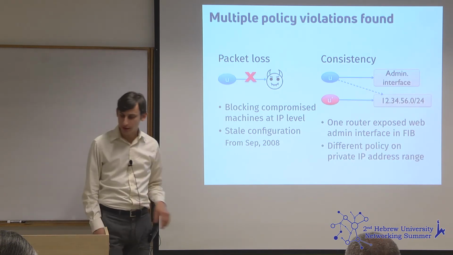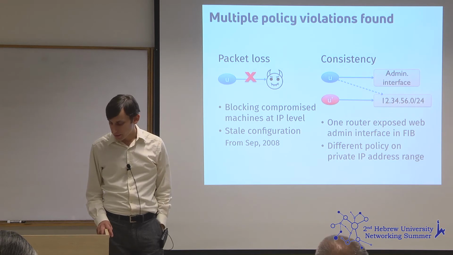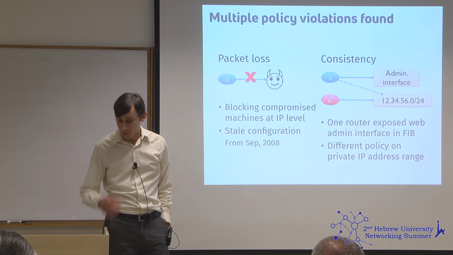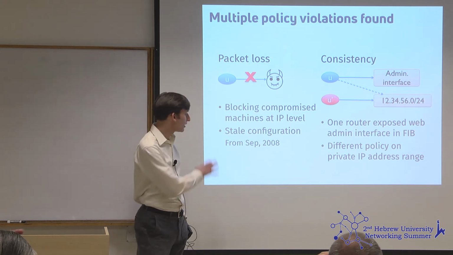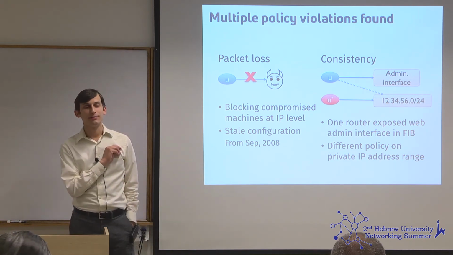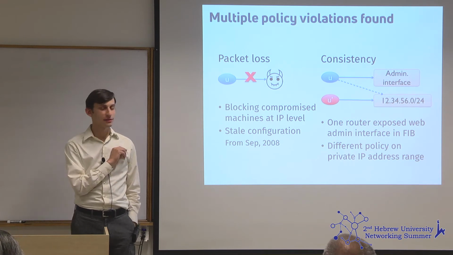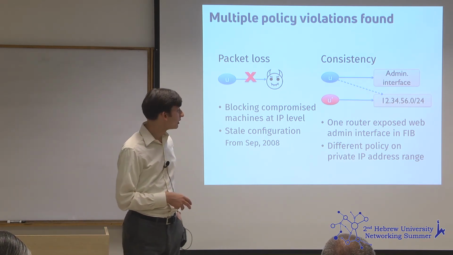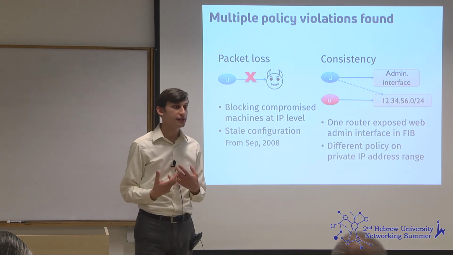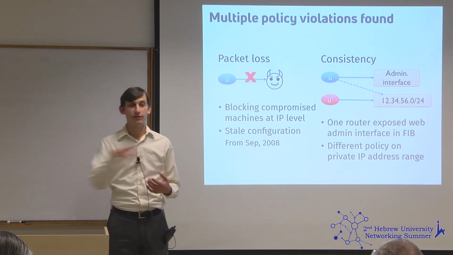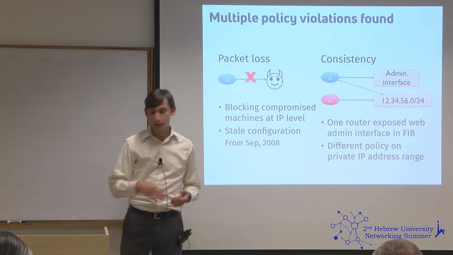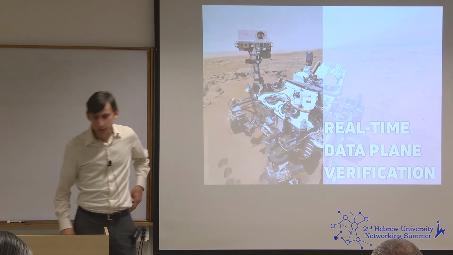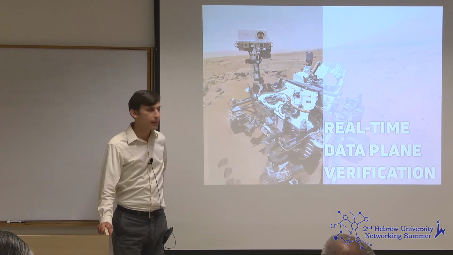A few others: there was packet loss that was blocking some formerly compromised machines, but that rule had been in there for over 5 years, so it was stale. It should have been taken out. Consistency checking revealed a management interface that was exposed more on one device than another, so that's a security risk. Those were real problems that were revealed.